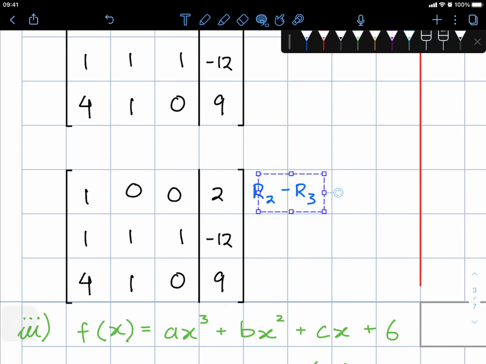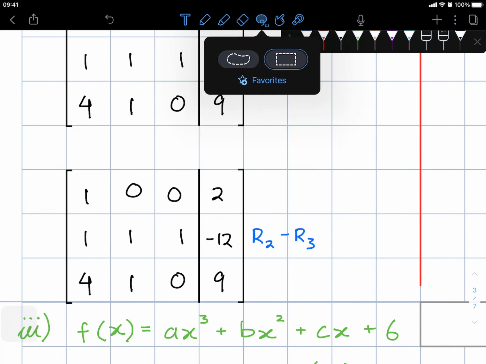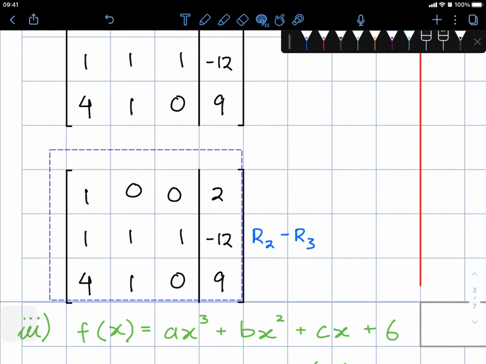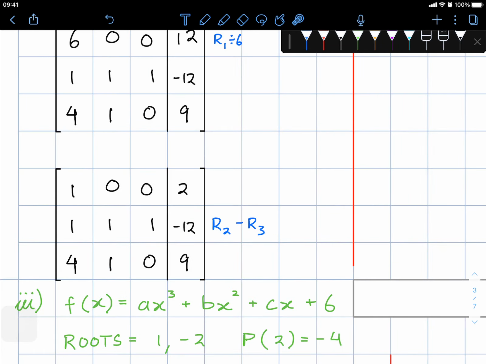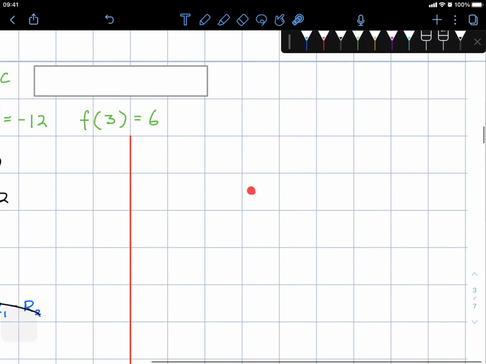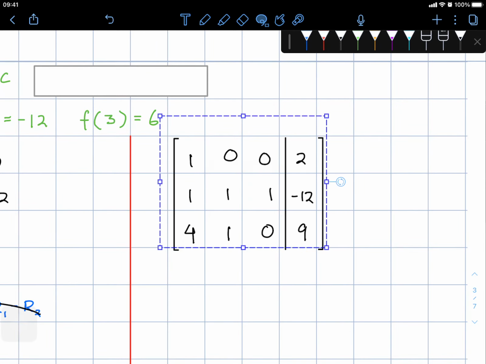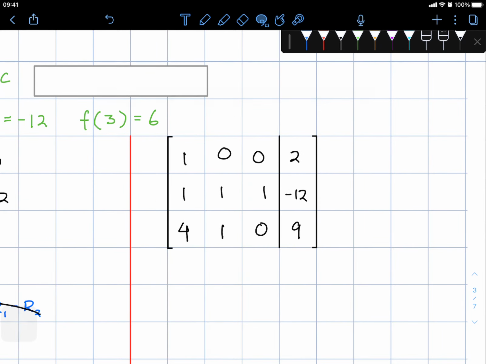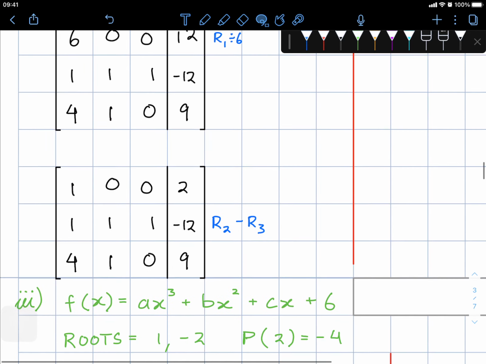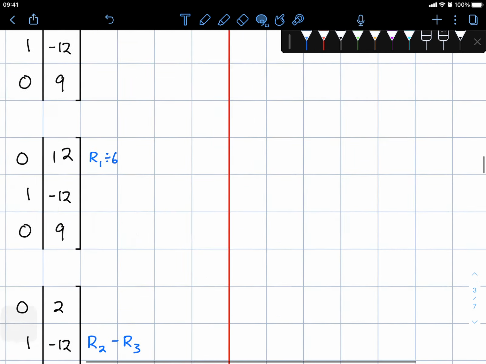Actually, no, that's too many things at once. Let's stick to just one thing at a time, especially if they're from two different rows. Okay, so let's do that one first. So we're going to be doing row 2 minus row 3.